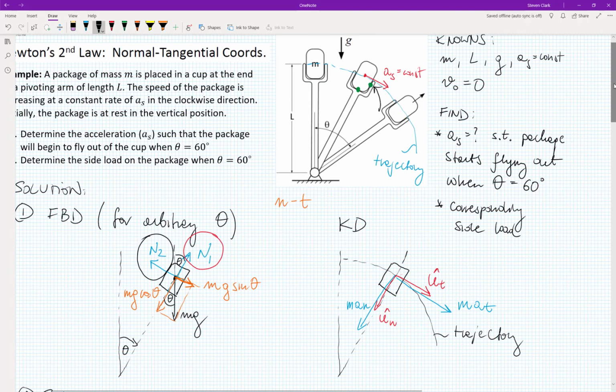What would happen if we ended up with N2 negative? That means that my guess was incorrect, yes? That means that N2 actually points the other way, and then the contact point between package and the arm is here, this black point. Do you see that? I just like such details.